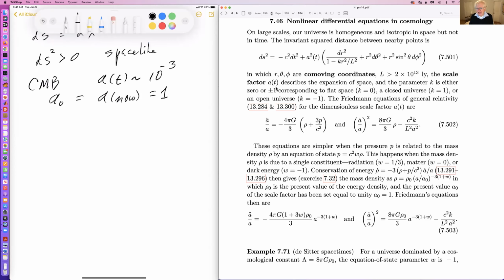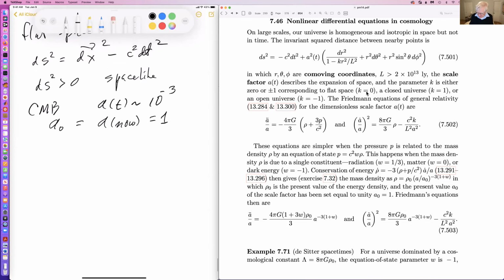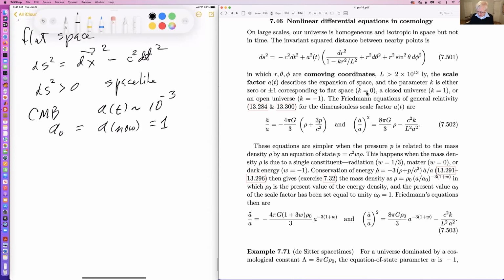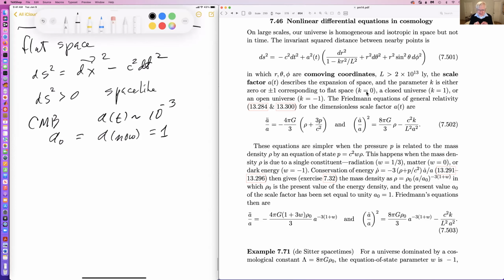The parameter k here can be 0 or plus or minus 1. And so those are the three possibilities. k equals 0 corresponds to expanding flat space, and believe it or not, that's the best approximation we have. Space-like means that in flat space, a light signal can't go from one point to the other.